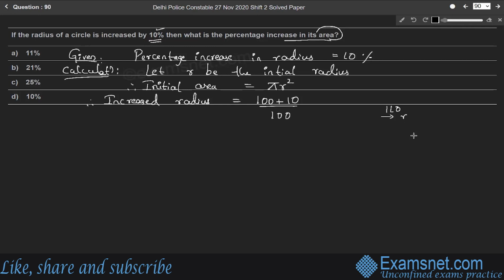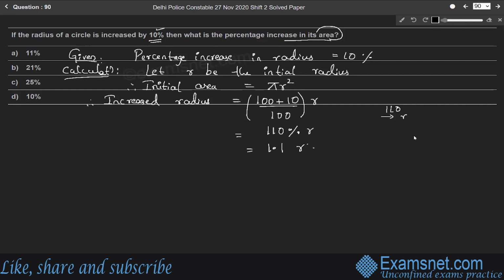So the increased radius becomes 100 plus 10 by 100 into the original radius. Understood? So this means 110% of the original radius. Right? Therefore, 110 by 100 into the original radius is equal to 1.1 into the original or initial radius.